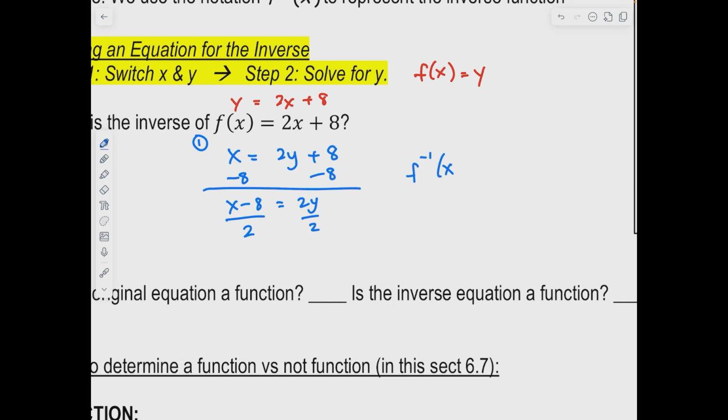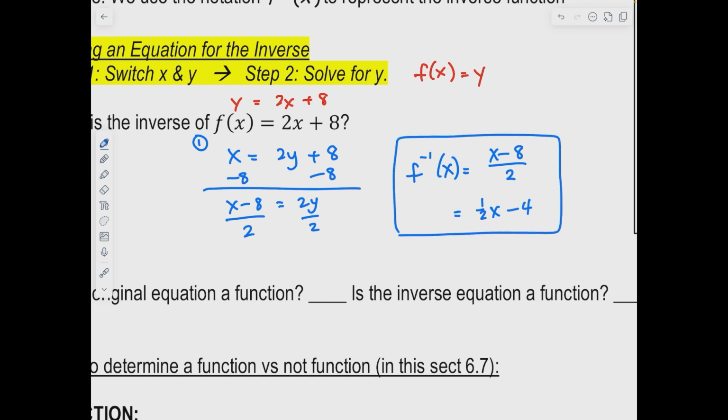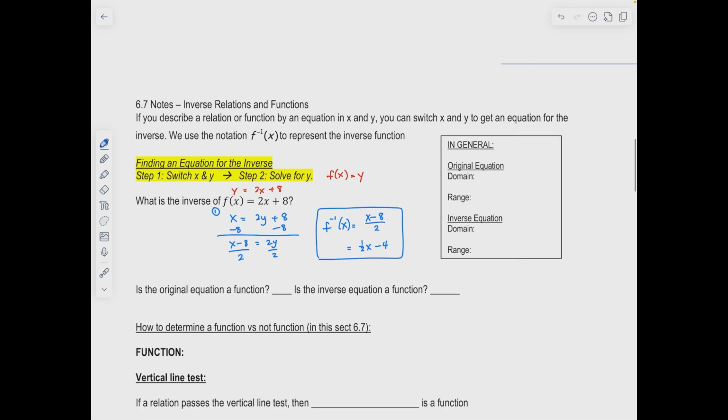The inverse function, f inverse, is going to be x minus 8 all over 2, or it's the same thing as 1/2 x minus 4, because if I just take the 1x and split it apart, that's how I would get it. In general, the domain of the original equation ends up becoming the range of the inverse.